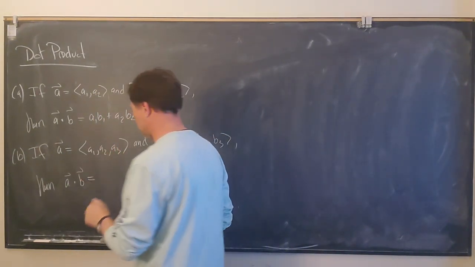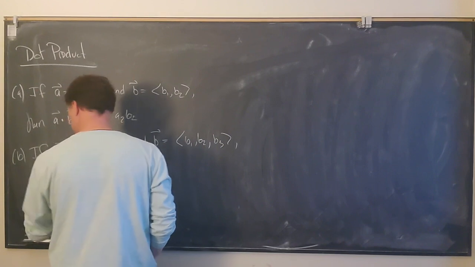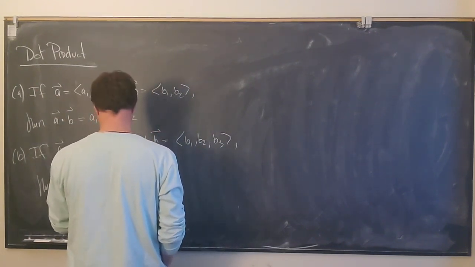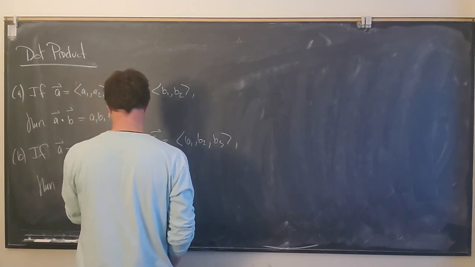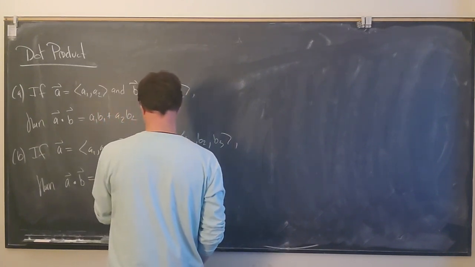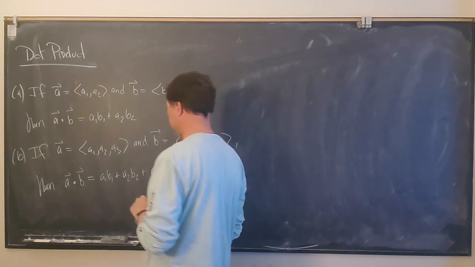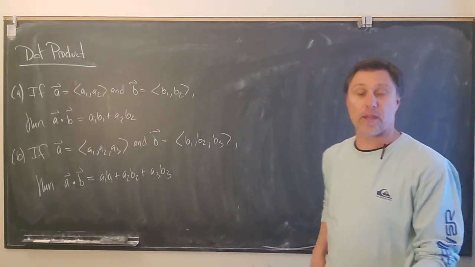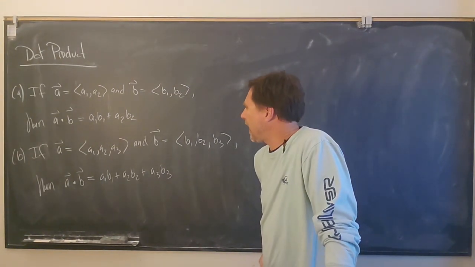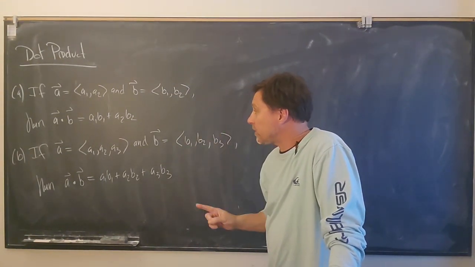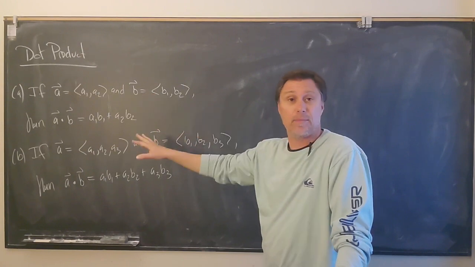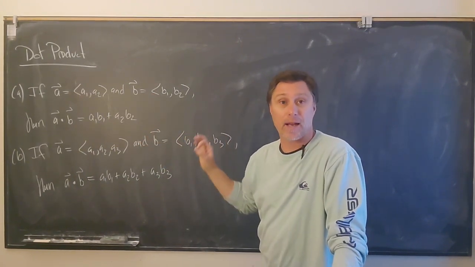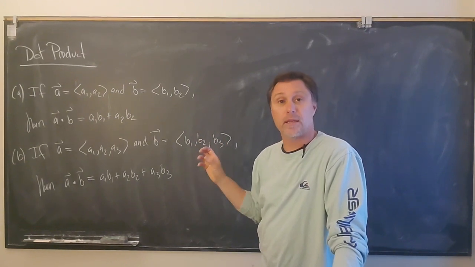That's going to be A1 times B1 plus A2 times B2 plus A3 times B3. Multiply the corresponding components, add the results together, that's the dot product. One thing that's important to notice here: you start off with two vectors, A and B, and in either of these cases, when you compute the dot product, the result is not a vector. The result is a number.